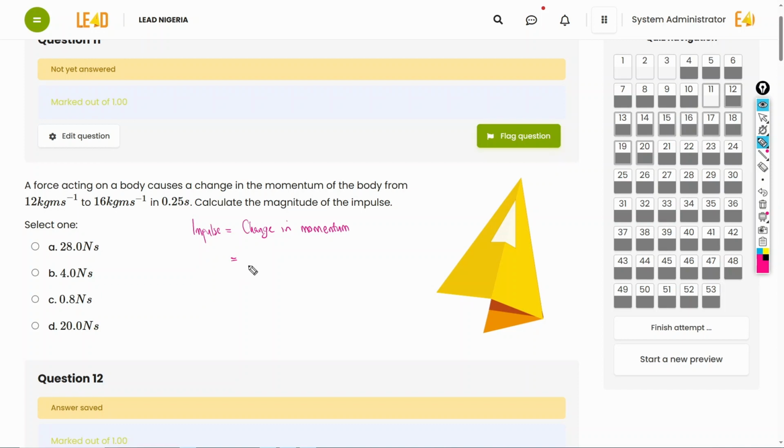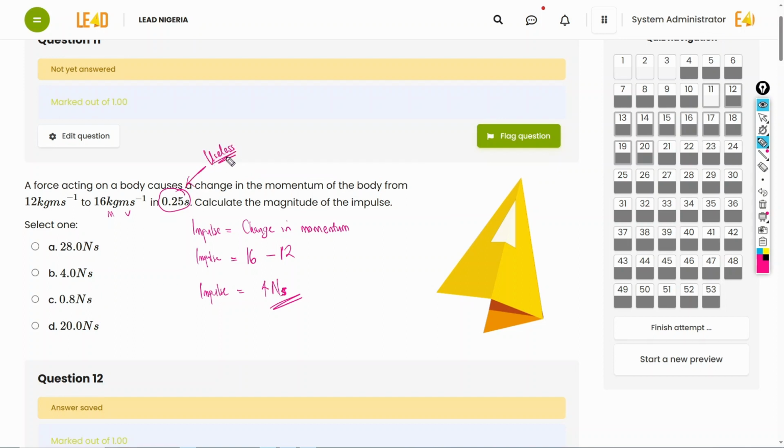Final momentum is 16, and you can see it's momentum because it's mass and velocity together. So 16 minus 12, the initial momentum is 12. So impulse is 4 newton seconds. So basically, this information is useless.